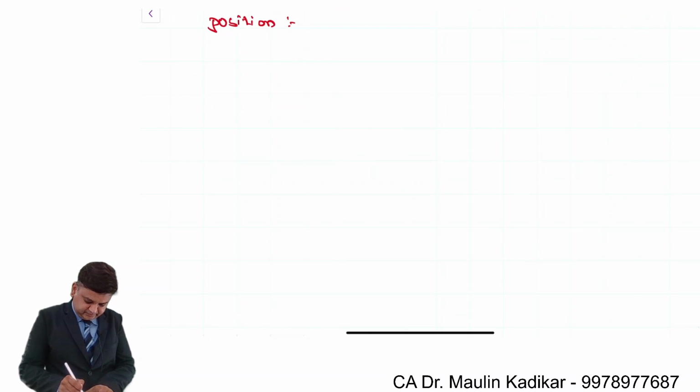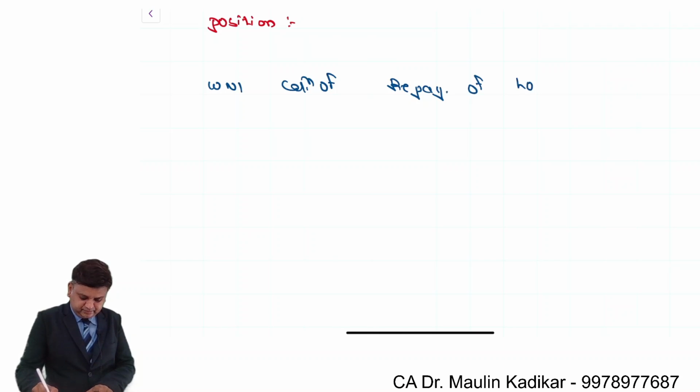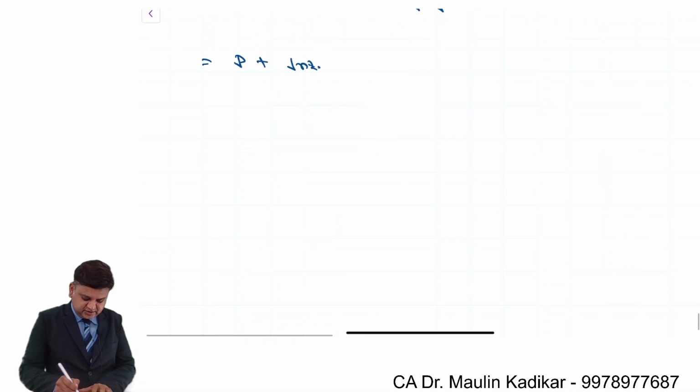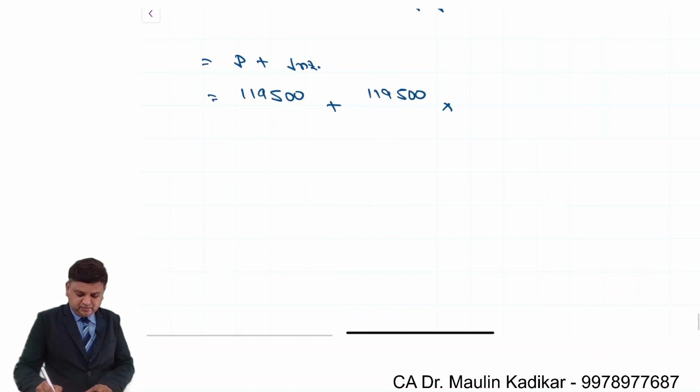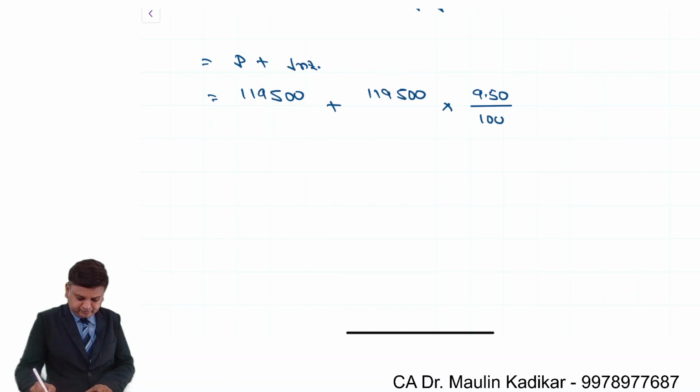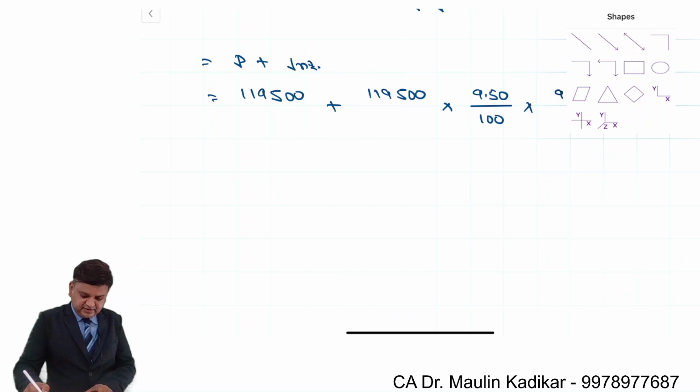Write down A, following position. Write down working note number 1, calculation of repayment of loan. Principal plus interest: 1,19,500 plus 1,19,500 into 9.5% into 91 divided by 365.